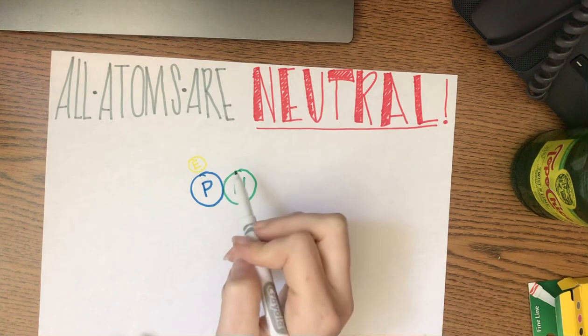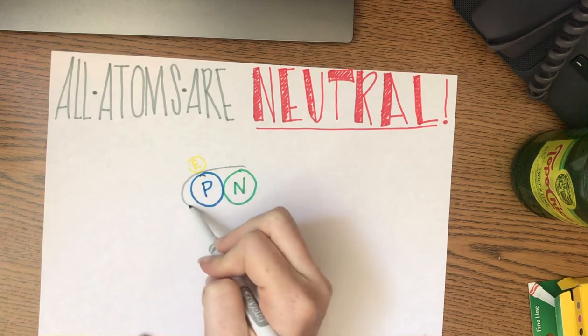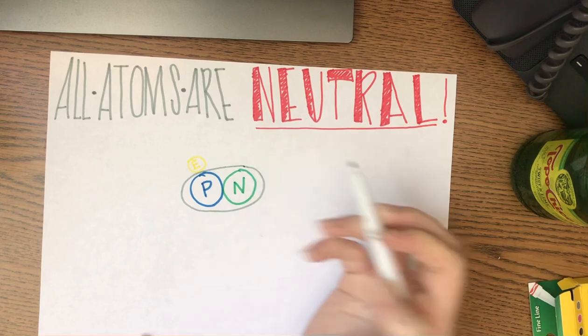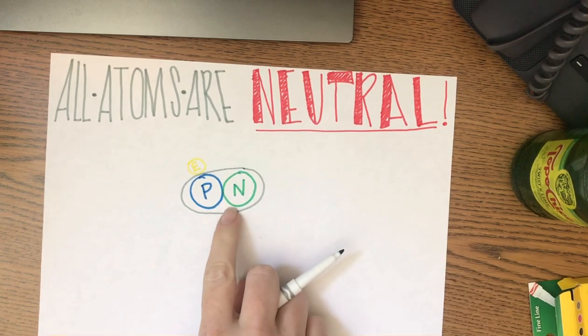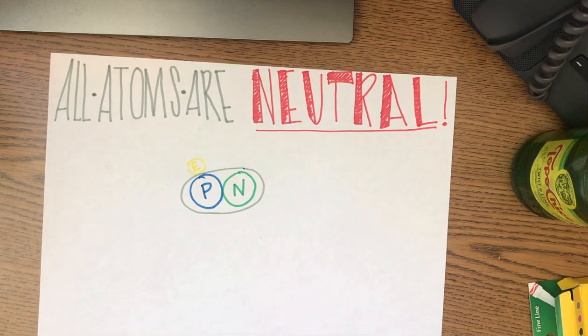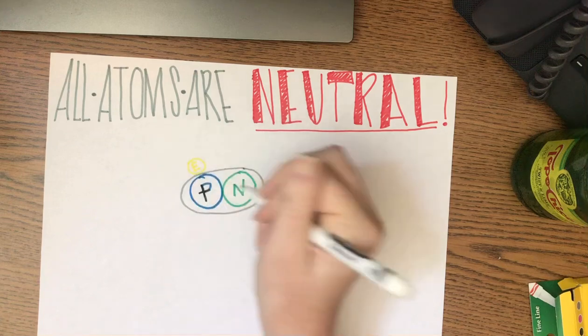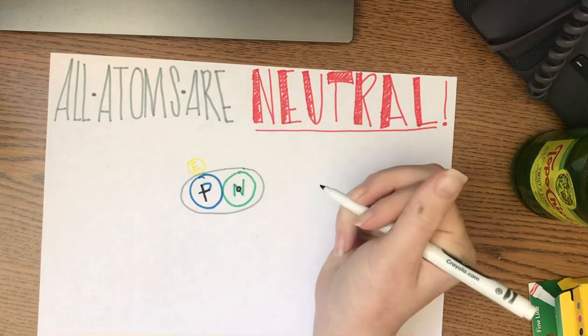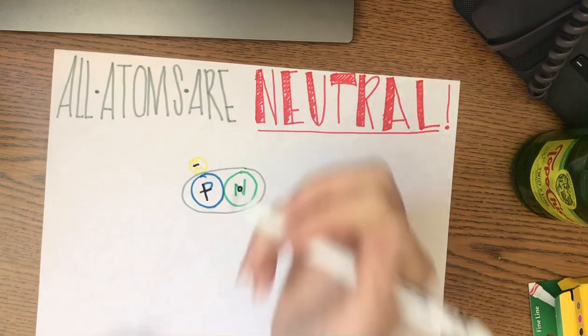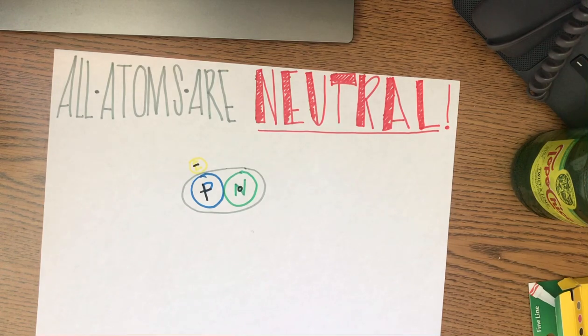We've already learned some other stuff about our atom. We've learned where the nucleus is, and that's in the center of the atom, and it holds our proton and our neutron. We also know the charges of our subatomic particles. So we know that a proton's positive, a neutron is neutral, and an electron is negative. And we also know that the electron lives inside the cloud out here, or inside those rings and shells around the atom.